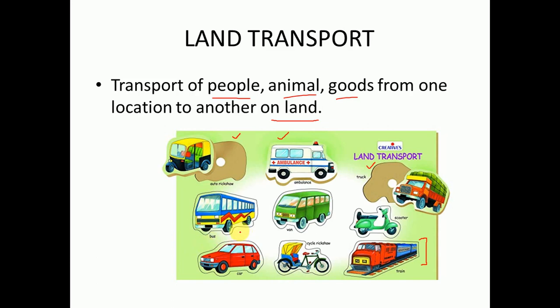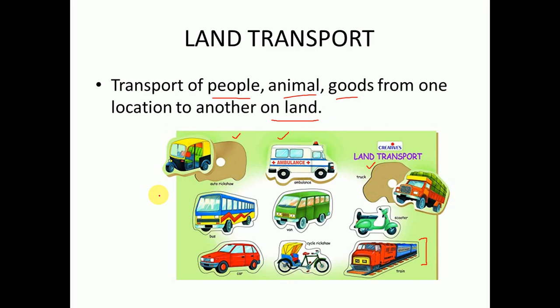So all these land transport, they run on fuel. Which fuel? Diesel, petrol, electricity or natural gas, which is also called CNG, compressed natural gas. Now students, apart from these land transport, special means of transport are used in certain places where, for instance, elephants are used to travel through thick forest, right?